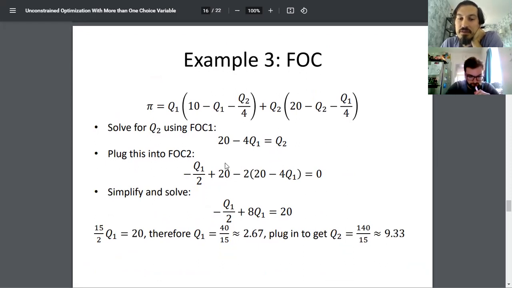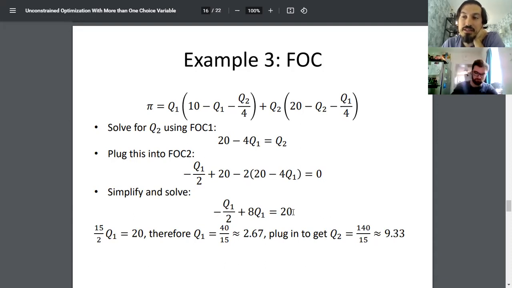I have a negative Q1 over 2 here, but I have a positive 8 Q1 here. And I have a positive 20 here, and I have a negative 40 here. Together, those become negative 20. And I can move that 20 to the other side to get this equation. That's how I got this.